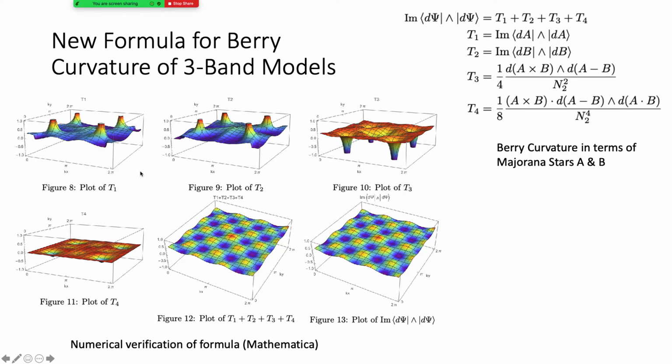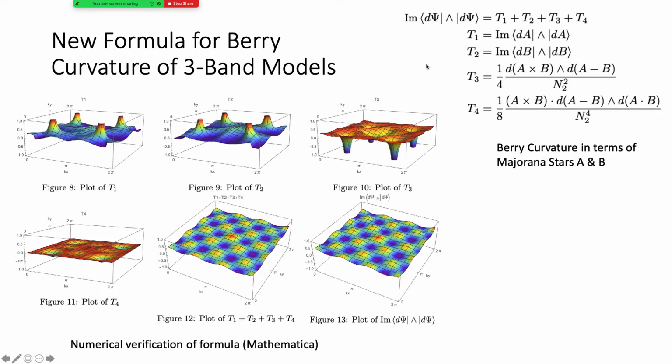So the key result in my research is a new formula for the Berry curvature of the three-component complex vector in terms of the Majorana stars. The formula on the top right here is the main result of my paper.